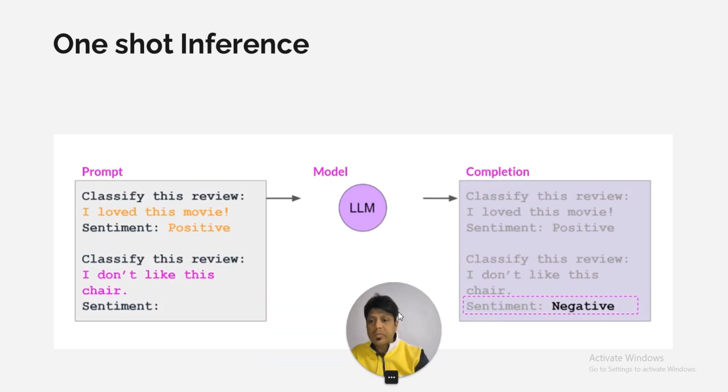What you can do is specify one example in your prompt. You can say: classify this review, "I loved this movie", the sentiment is positive. Now classify this review, "I don't like this chair", and what would be the sentiment. Now ChatGPT understands what exactly you are trying to ask, and based on this example, it can tell you that the sentiment is negative.